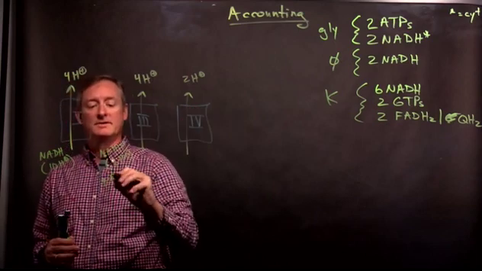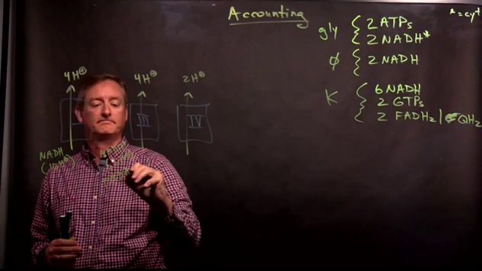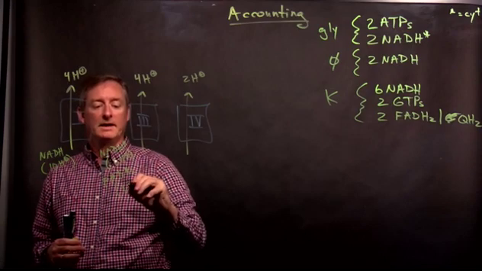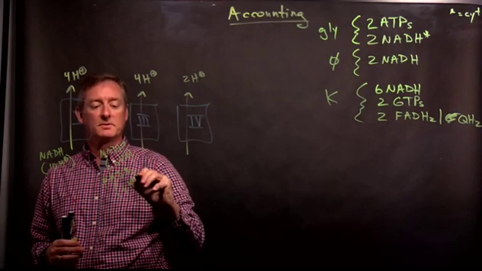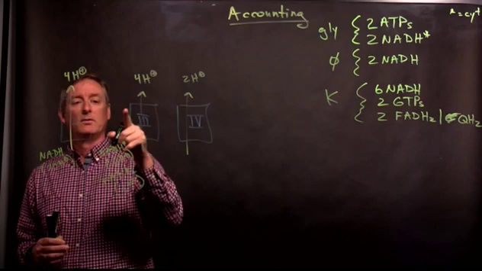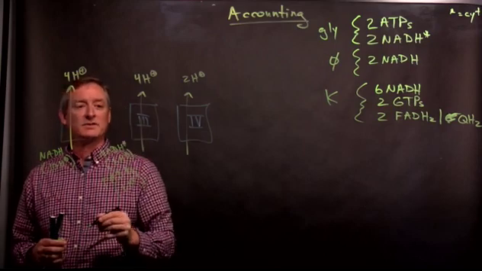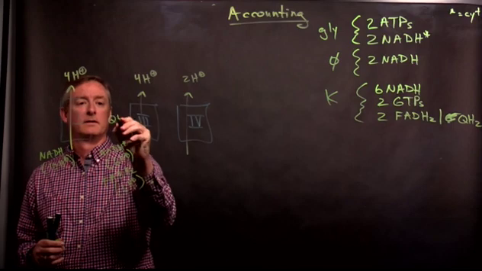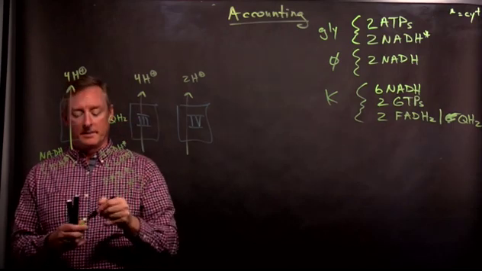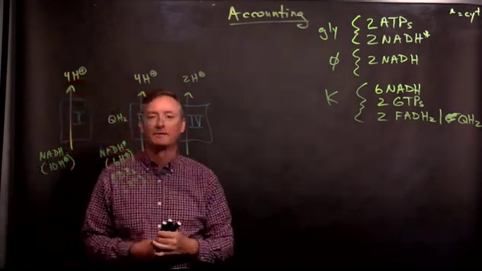Our FADH2 also enters into the electron transport chain as a way of making QH2, right? So it can only pump 6 protons across.